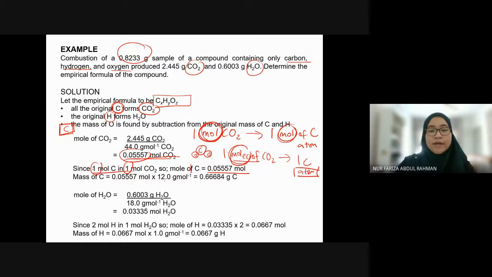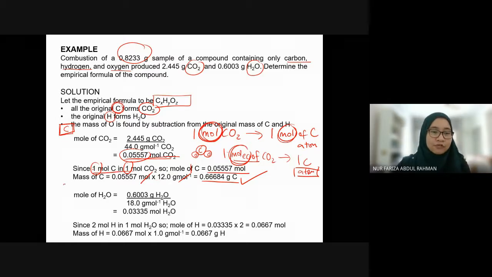Now we need to find the mass. By using the conventional method, you will multiply it with the molar mass. The unit mole will be cancelled out and then you will end up with gram of carbon. We are done with carbon. The mass of the carbon is now ready.